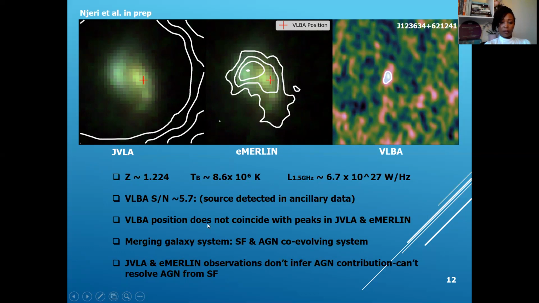Just a conclusion: when looking at the JVLA and e-MERLIN only observations, you're not able to infer whether there's any AGN activity, but then you bring in observations with the VLBI and you're able to detect the AGN. This implies a co-evolution of both star formation and AGN activity.